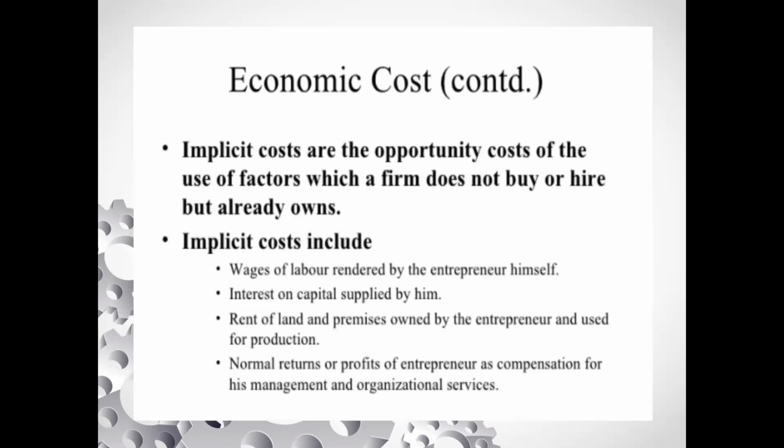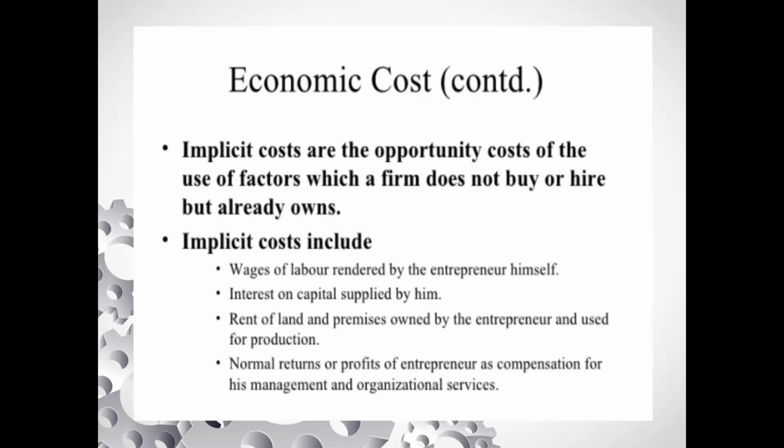Then implicit charge is quite the opposite of explicit charge. Implicit cost is the opportunity cost of the use of factors which a firm does not buy or hire but already owns.